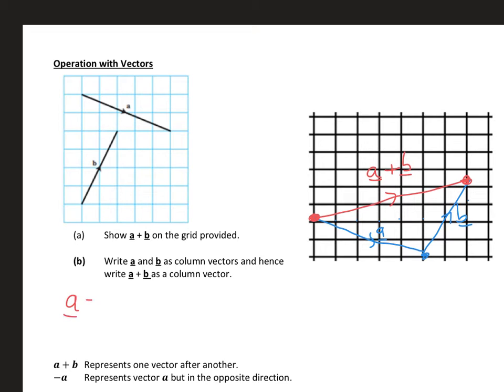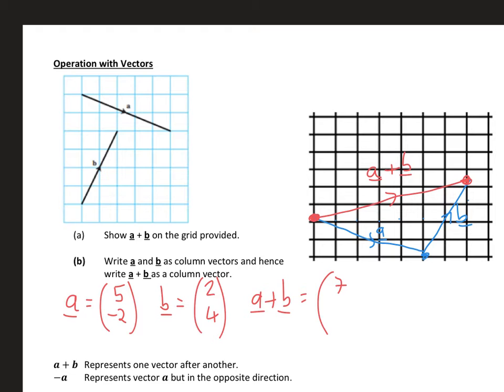I can also do it using numbers. So I can write A as a column vector. So A was 5 to the right and 2 down, so 5, minus 2. B was 2 to the right and 4 up. So when I add them together, I get 7 to the right and 2 up. Now let's just check. 1, 2, 3, 4, 5, 6, 7. 1, 2.